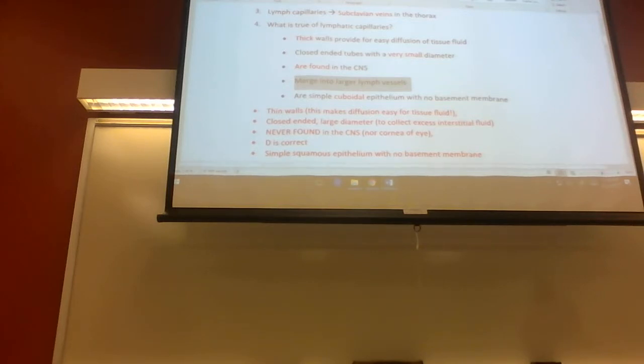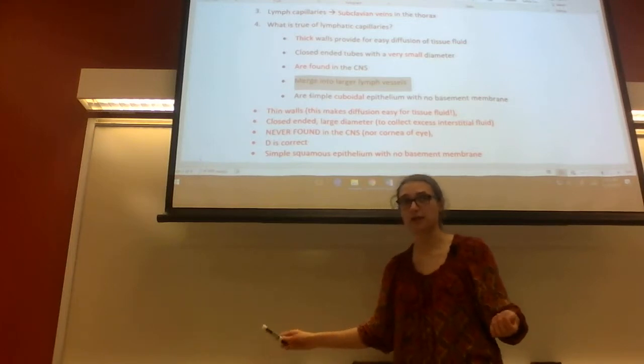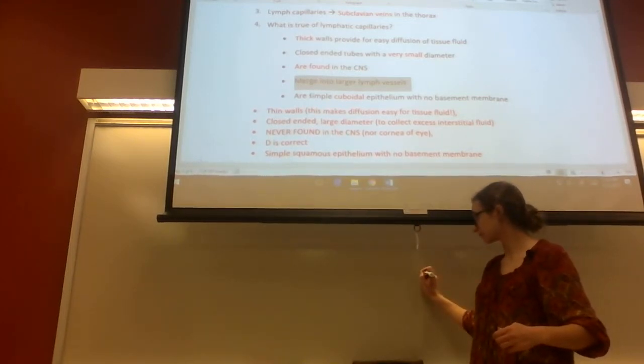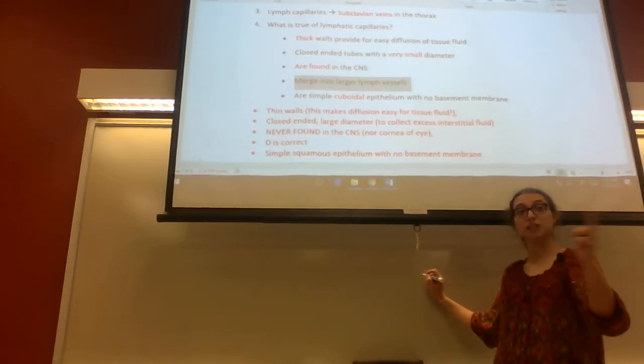Lastly, in case there's a question about the structure, lymphatic capillaries are simple squamous epithelium. So what is the difference between squamous and cuboidal? Cuboidal is more for protection. Squamous is for secretion and diffusion.